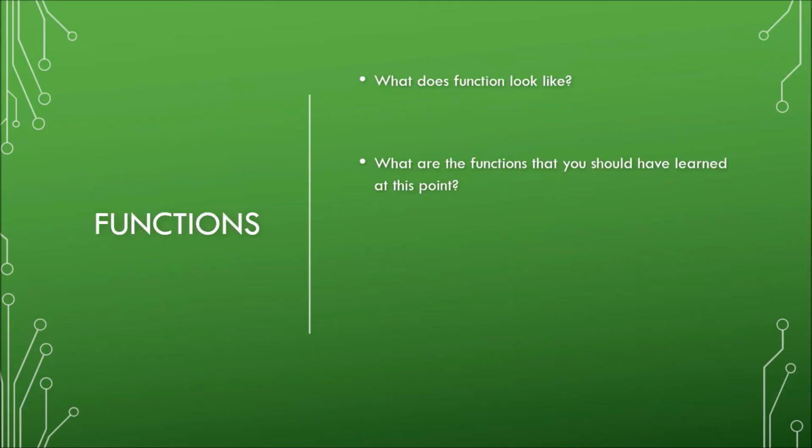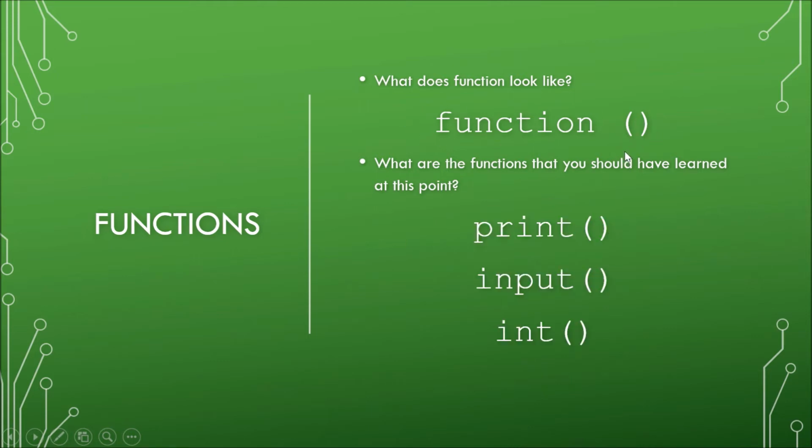Now, functions, we have seen a few functions. Always remember it comes in a round bracket. If you have worked on spreadsheets or any other programming language, you would see a very similar kind of code. What we have learned so far is print, input, and integer.